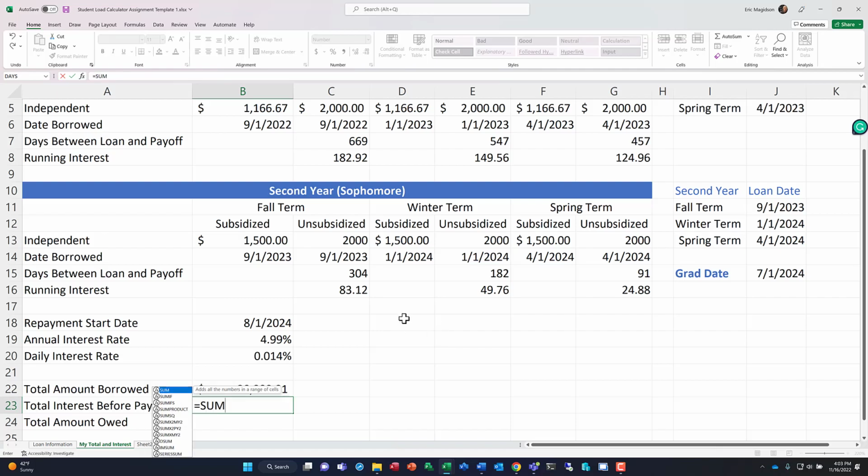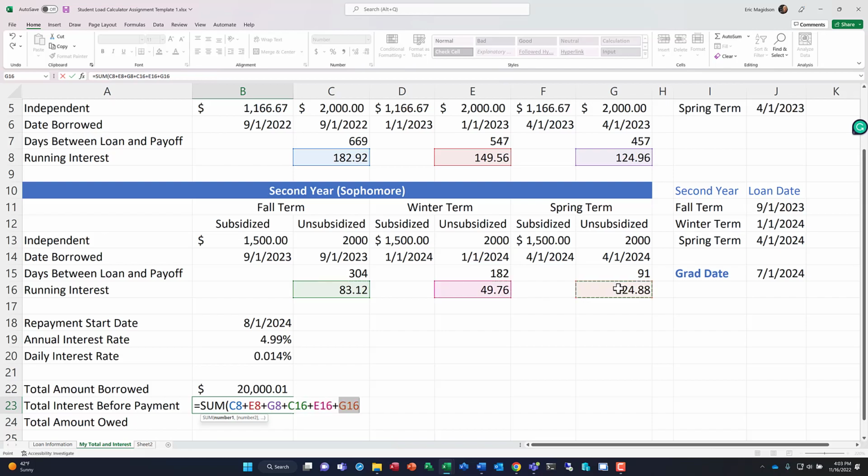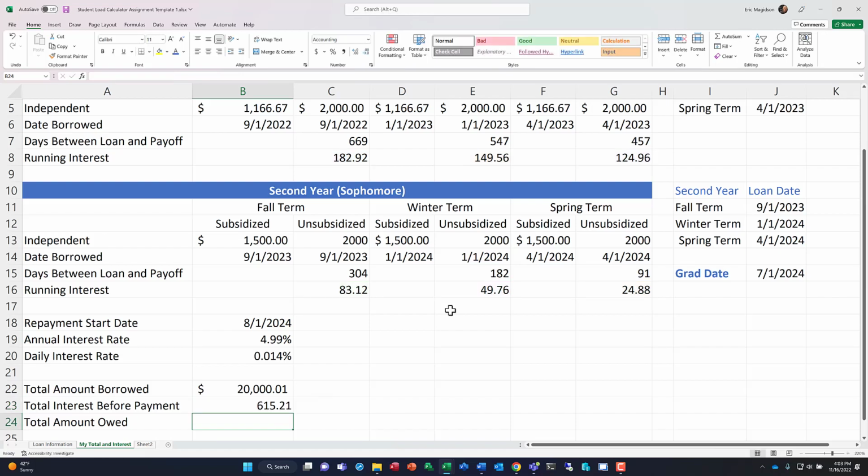So I'm going to go in and say equal sum, and it's going to equal the interest all added up. So this cell plus this cell plus this cell plus this plus this plus this. Now, why didn't I just do a range, for example, of B8 through G8? Because again, there are no values here, and that might be confusing to someone auditing my formula. I'm going to close the parenthesis on that, and there is the interest.